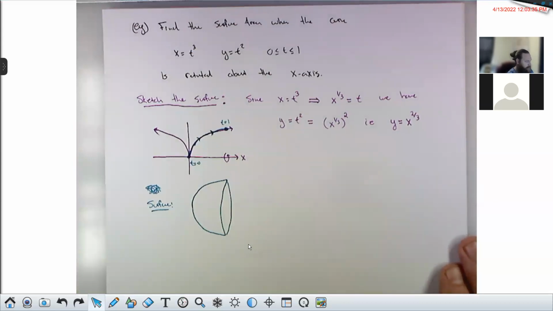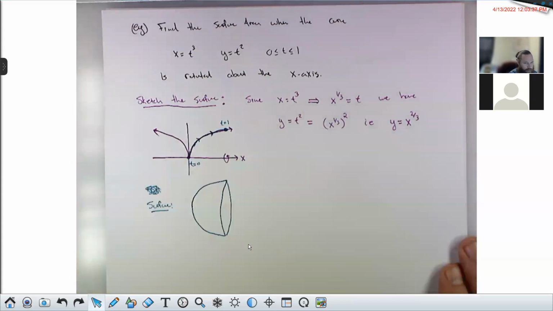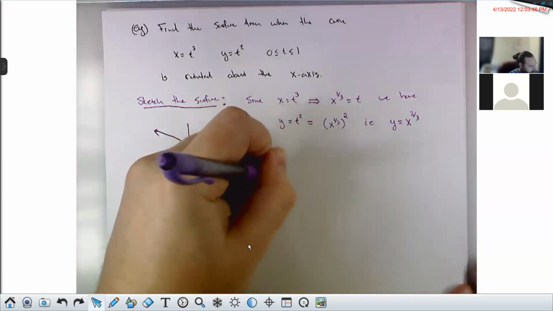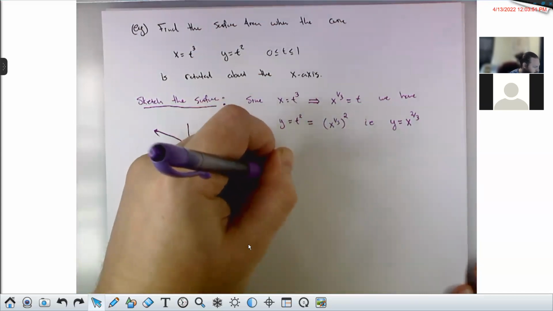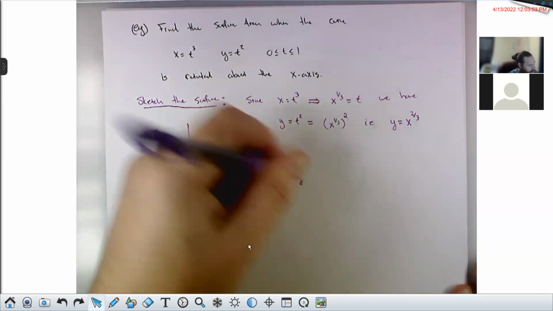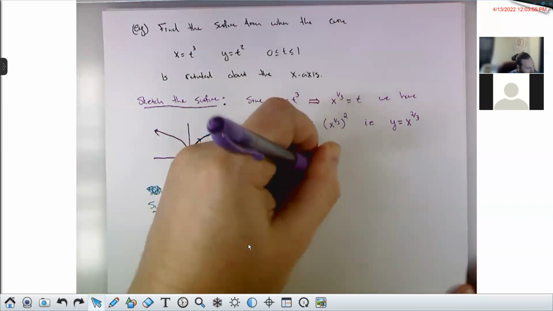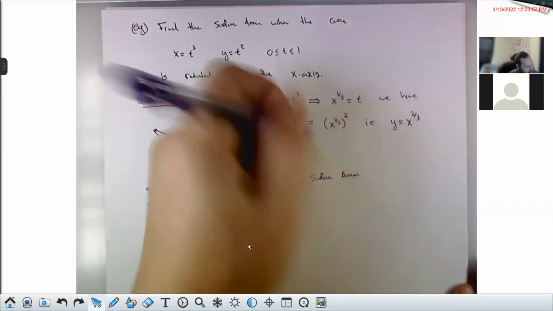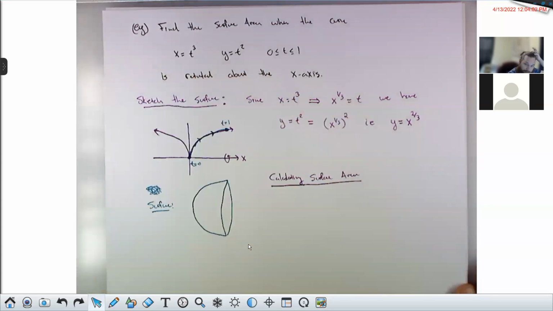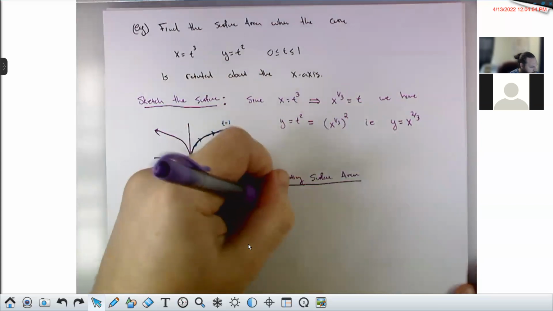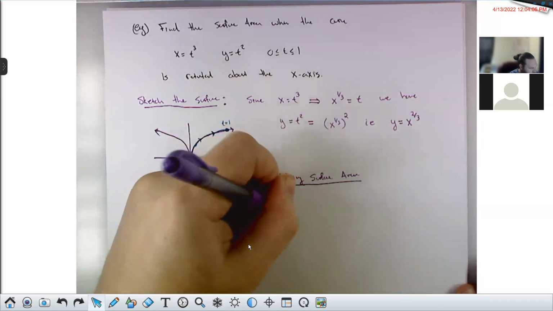So then to compute that surface area, I know that I need dx/dt and dy/dt. I know I need to calculate the ds thing. So calculating, I cannot spell today, calc the surface area requires dx/dt.